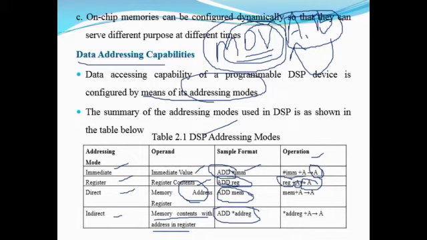So the contents of the accumulator are used, and the result is stored in the accumulator A only. So memory plus A is sent to A, and the address of the register plus the content of the accumulator again goes to A.